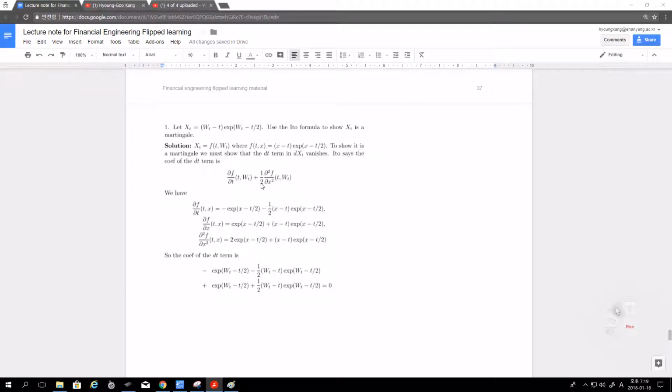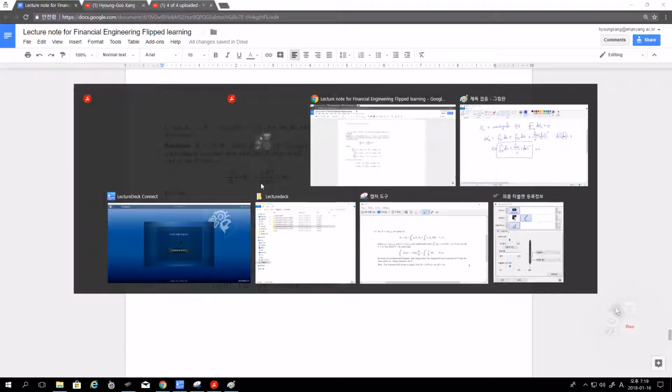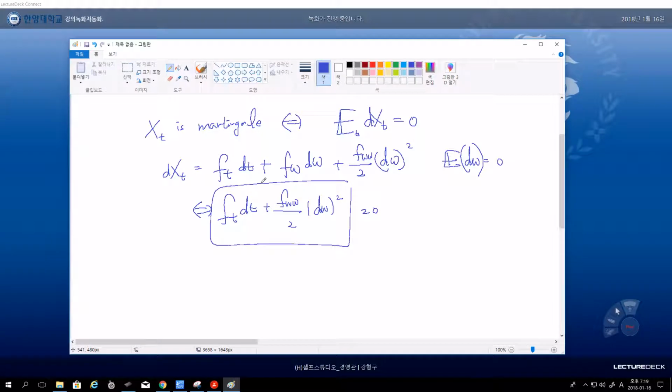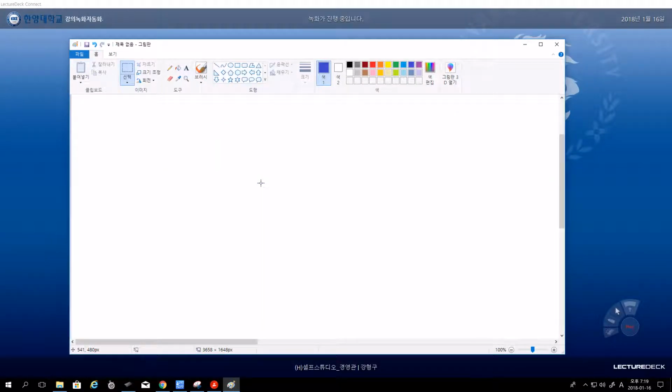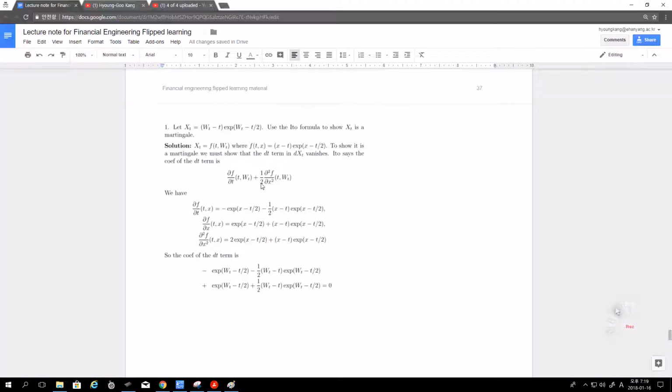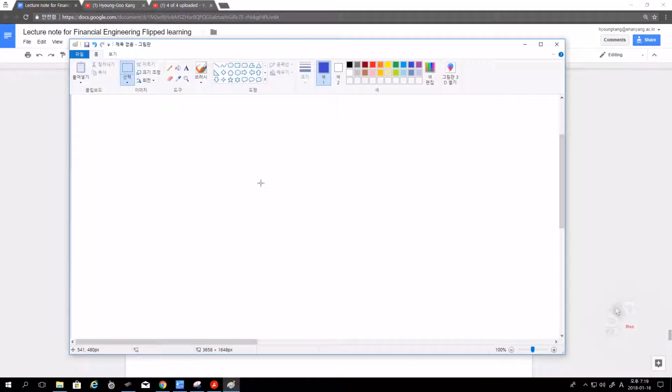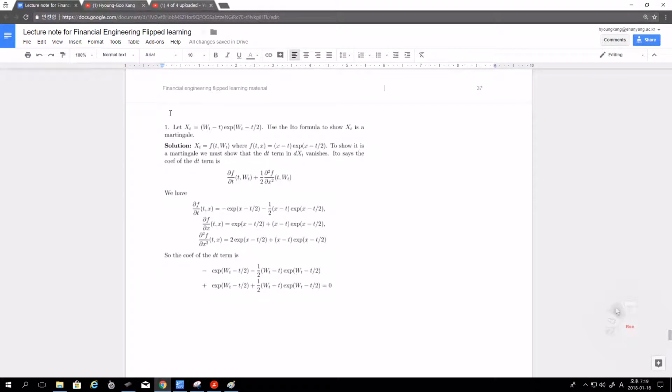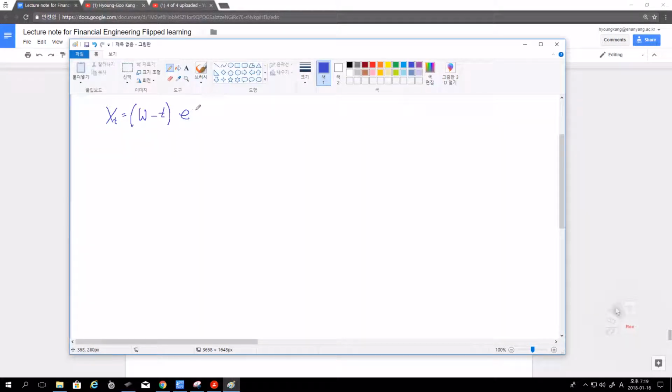Let's start on x. Let me delete this one, and write down xt equals exponential of (w minus t over 2).